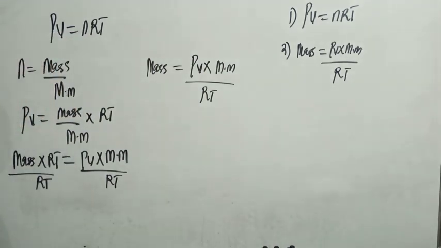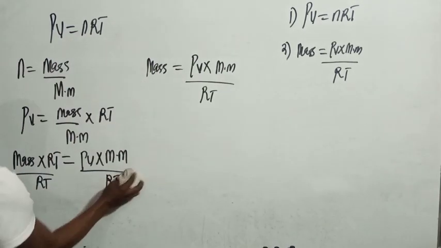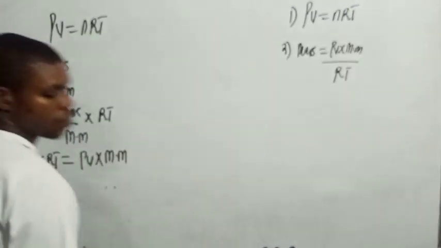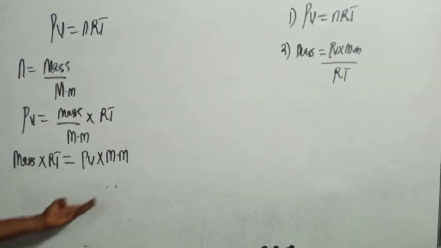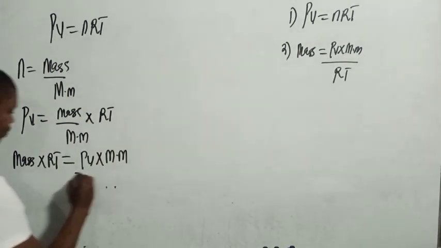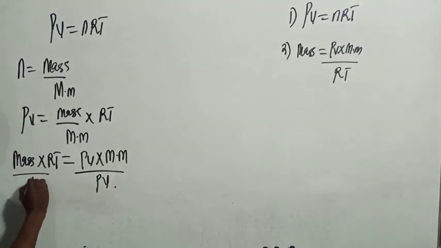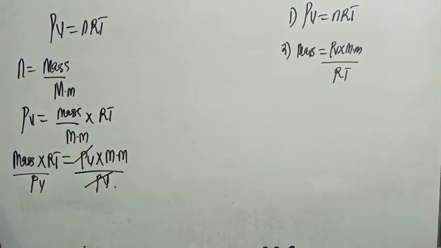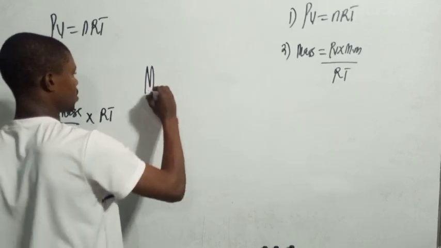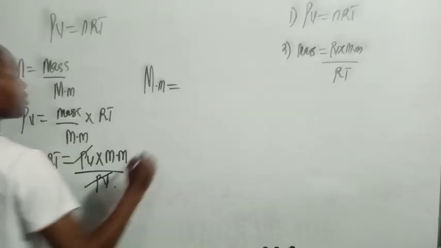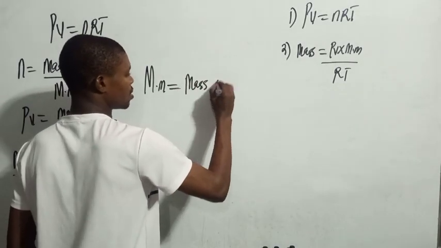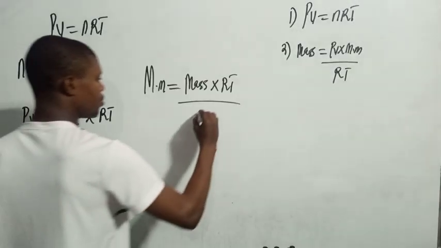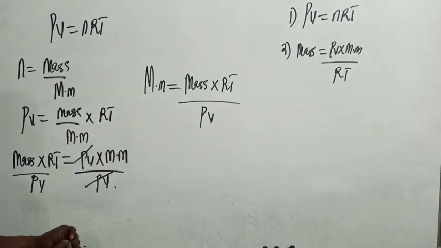Now what about if you make molar mass the subject of the formula? Divide both sides by PV, and PV cancels here. So you have molar mass of the gas equals mass times RT over PV. Get that?